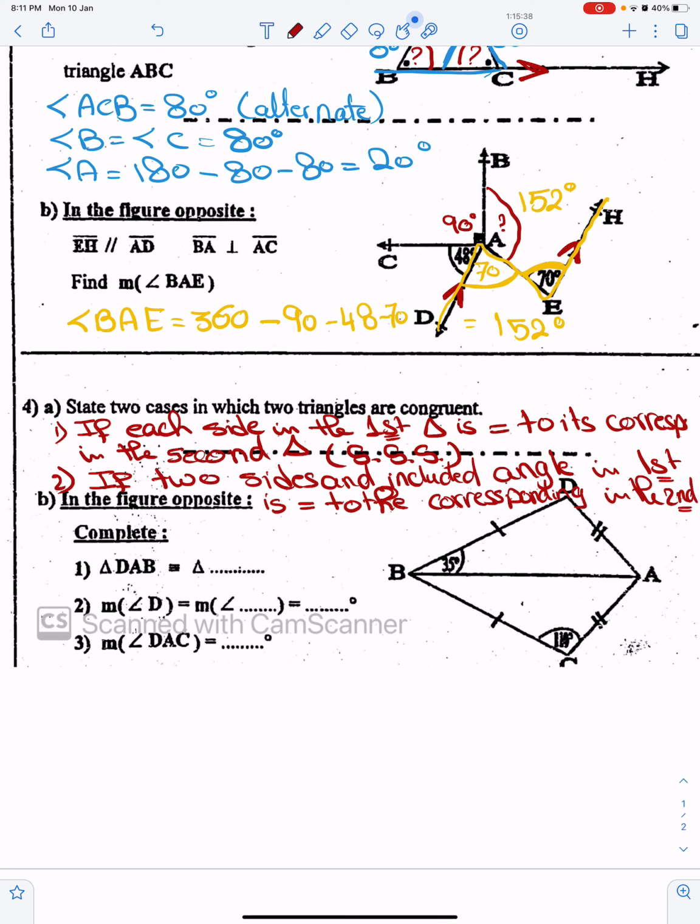And don't forget included. This case is SAS.